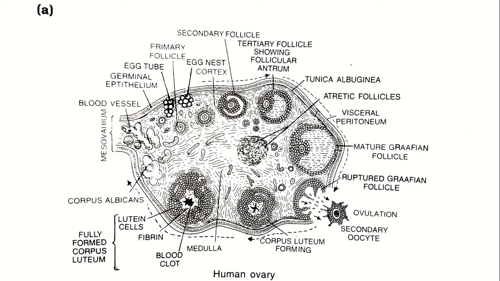See this structure, the outer one is visceral peritoneum, and in between there is germinal epithelium, and then inside to it there is tunica albuginea, the inner layer. Fine. These are the 3 layers of the ovary.